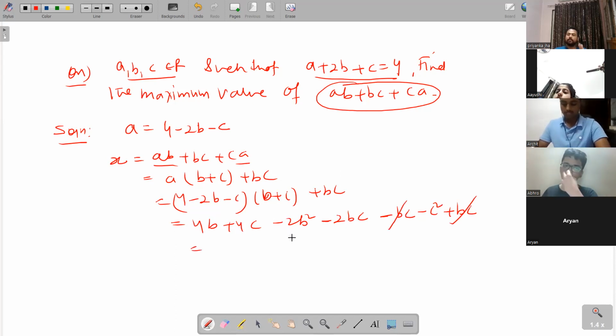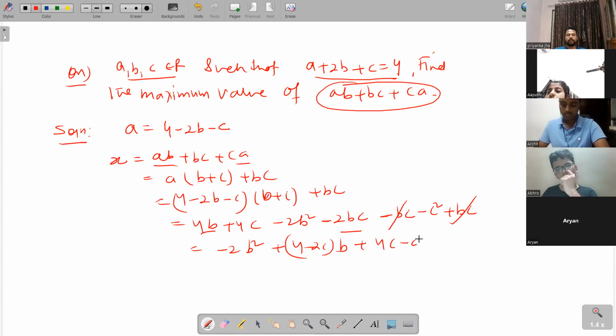So first make a quadratic in B or C, any of your choice. I'm making a quadratic in B. So this is minus 2B squared, and take B common: 4 minus 2C, B, and then 4C minus C squared. Now bring X, or bring all terms to one side.